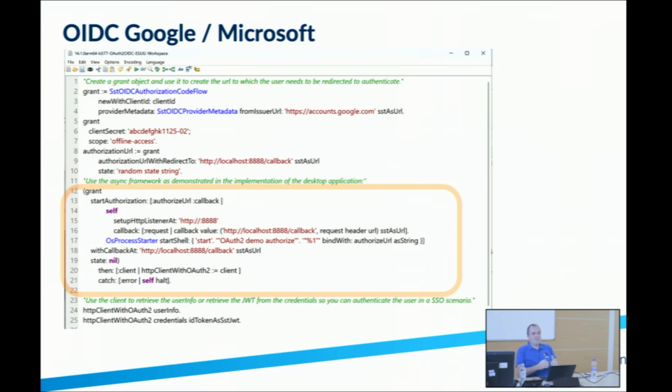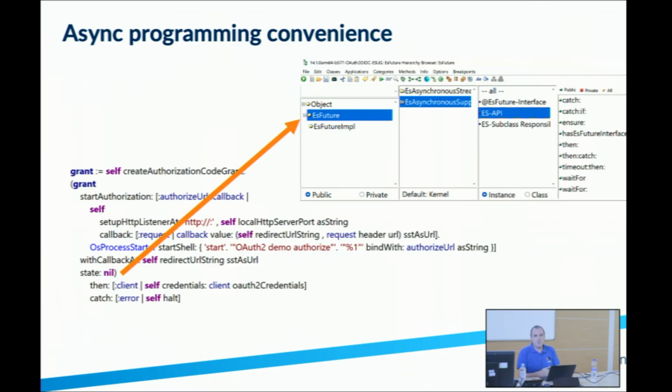The only problem is it looks a little bit complicated because it's open for different ways of launching this redirection, whether you would be using an external web browser, WebView 2, server-side, whatever. There's different ways of redirecting the user to another browser and getting the response back. But given this convenience method, it actually returns you a future. And then you can say, well, when I get the authentication back, that is when the future will be resolved.